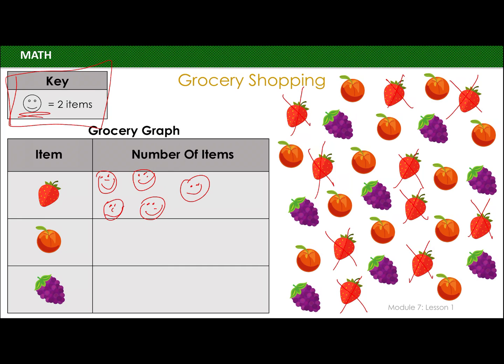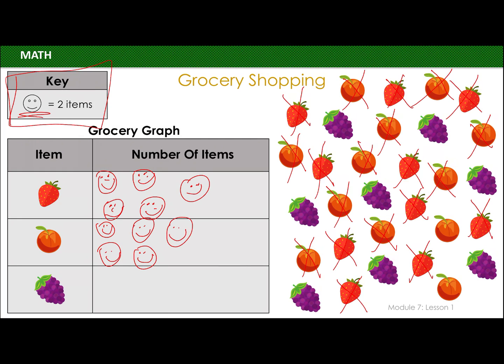So now I'm going to go to oranges and do the same thing. I'm going to cross them off 2 at a time and then draw 1 smiley face. And when I count by 2s, 2, 4, 6, 8, 10, 12.